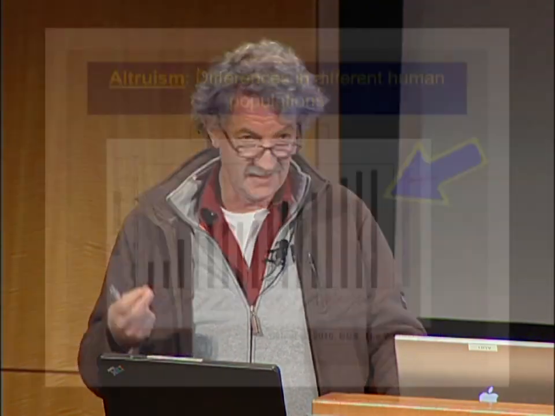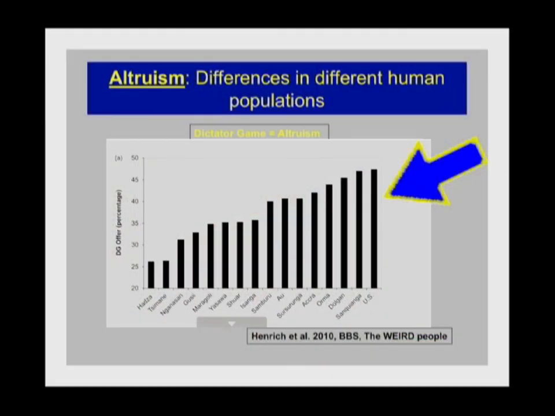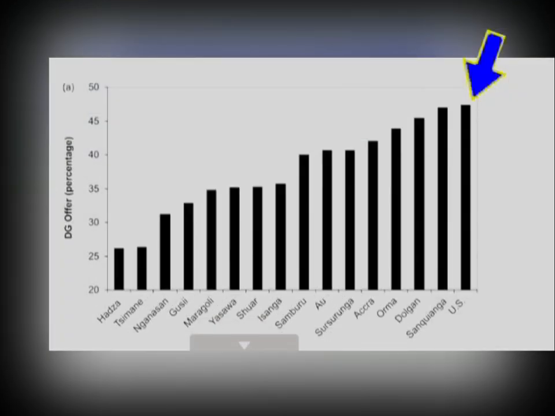Joe Henrich actually compared the sharing tendencies in this game in 15 different human groups. The American group was about 40 to 45%, and then there is a tremendous decrease in the proportion of the money individuals receive that they are going to share.